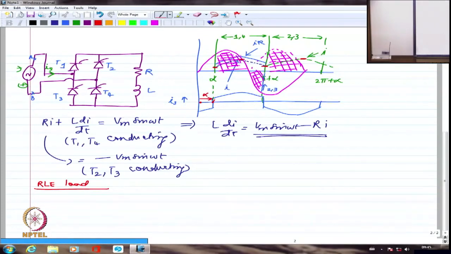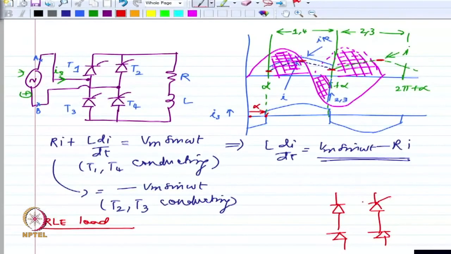And if it has a back EMF, you are going to have definitely that back EMF opposing the current. Back EMF will not aid the current. If it aids the current, it will go to infinity, literally. So I will have essentially this as the circuit. I'm going to have the 4 devices here, and I'm going to have R, I'm going to have L, and then I'm going to have this.